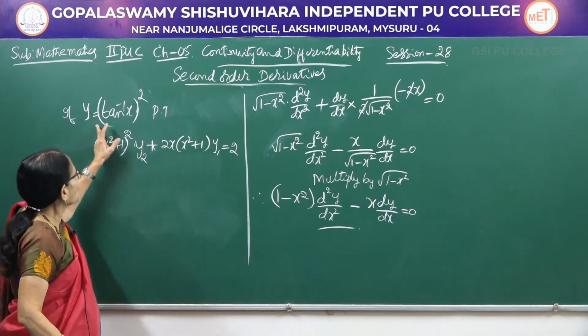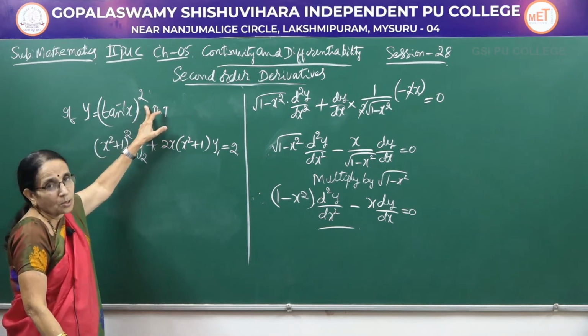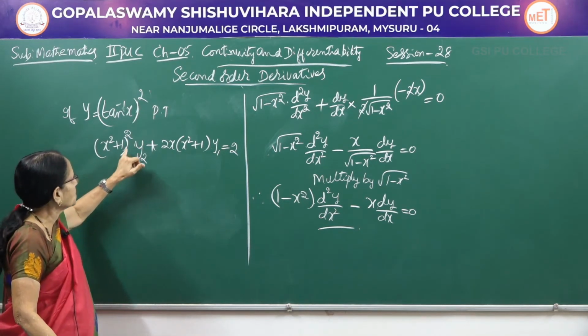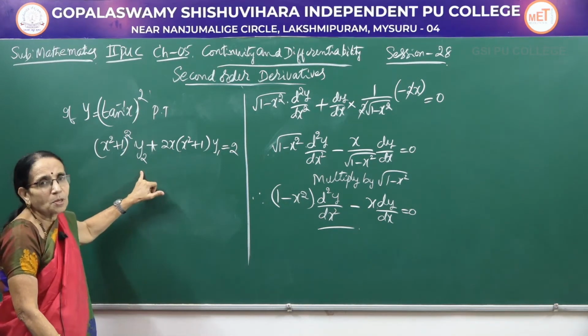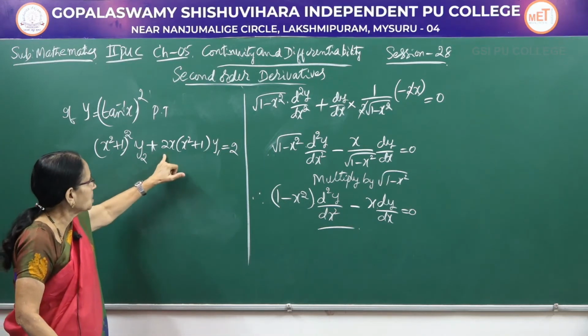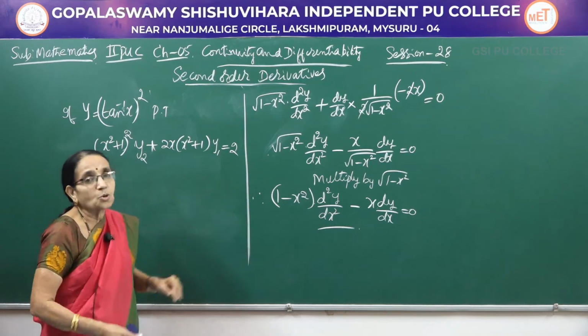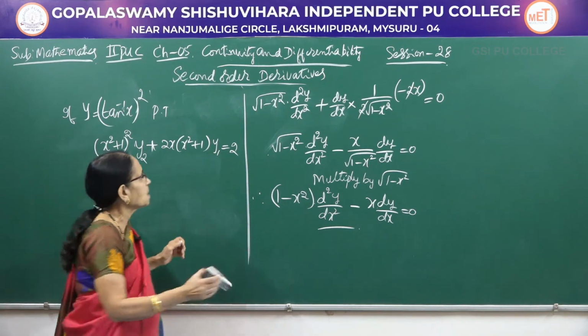So, here y equals tan inverse of x the whole square. Then the result that has to be obtained is x square plus 1 the whole square into y2, y2 means the second derivative, plus 2x into x square plus 1 into y1, the first derivative, that should be equal to 2. That is a constant.